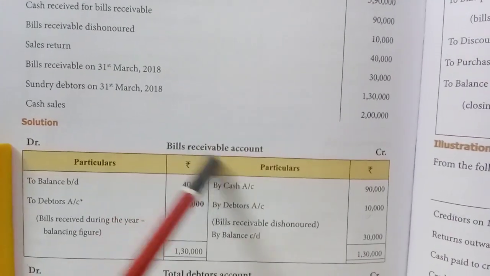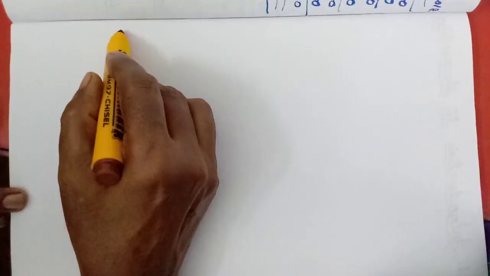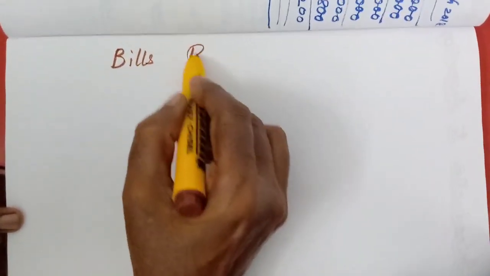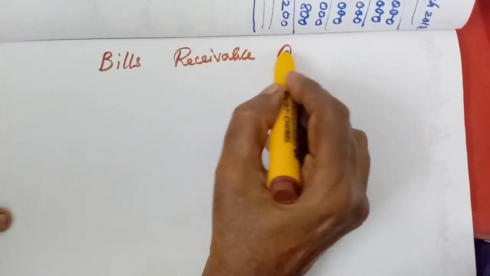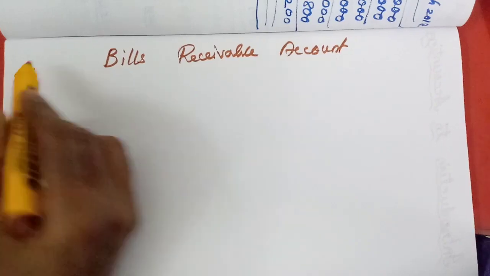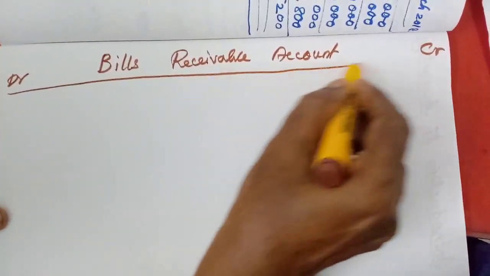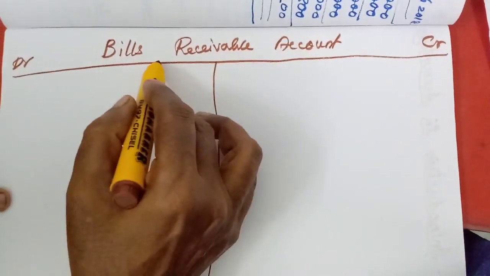I will do this in the notebook and show you. First bills receivable account. Bills receivable account you have to write. Debit, credit, draw a line. You can use 2 pages. Here I am using only 1 page.